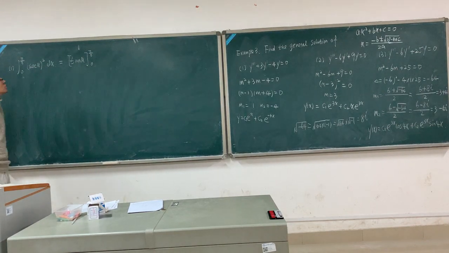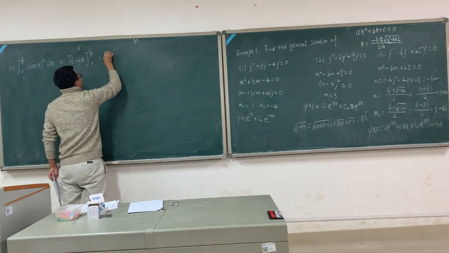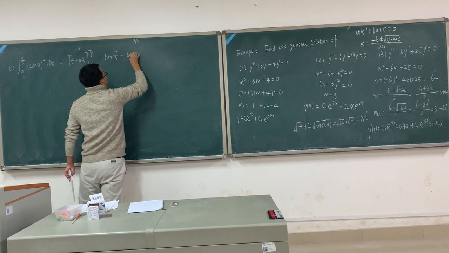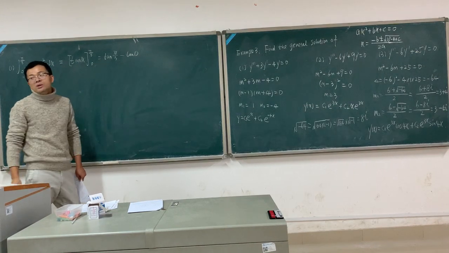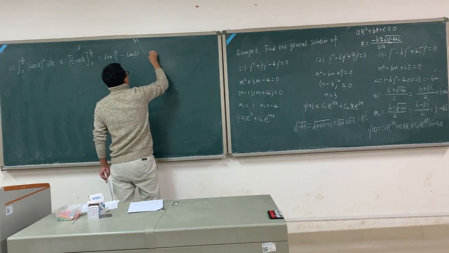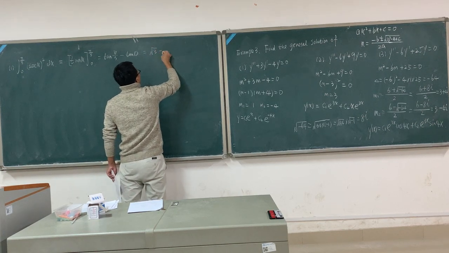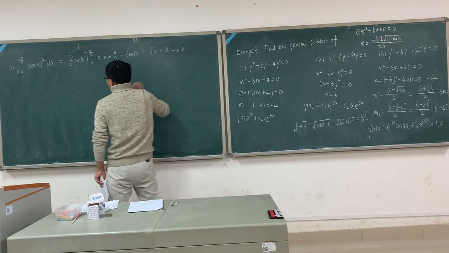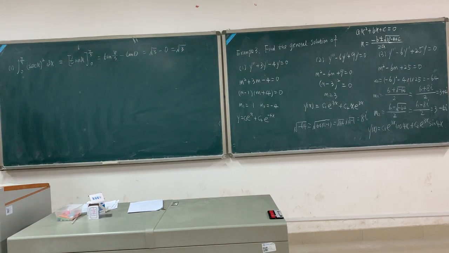So the result is tangent pi/3 minus tangent 0. Tangent pi/3 is square root 3, tangent 0 is 0, so the result is square root 3.